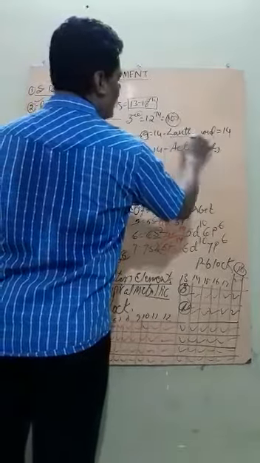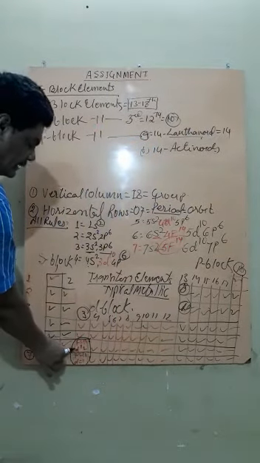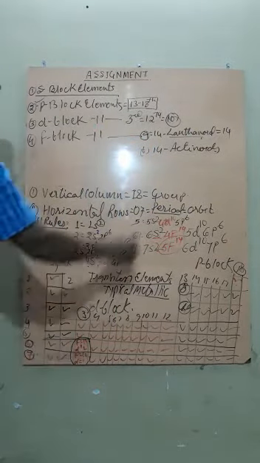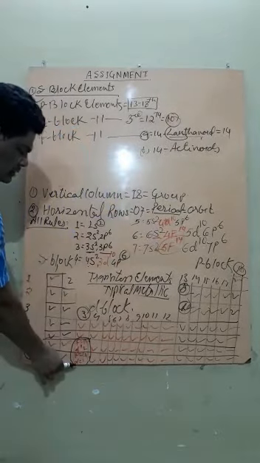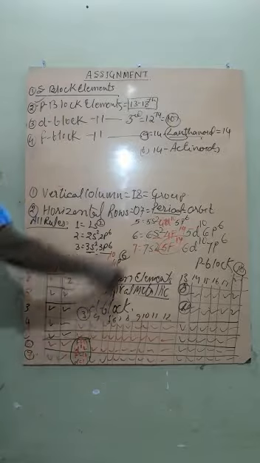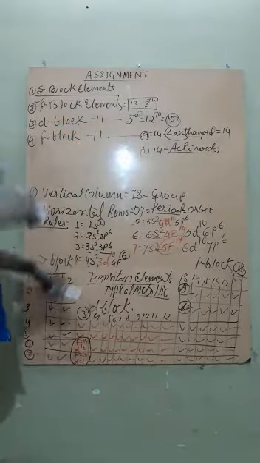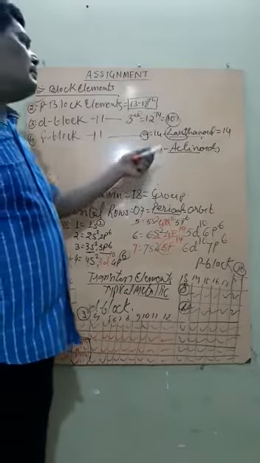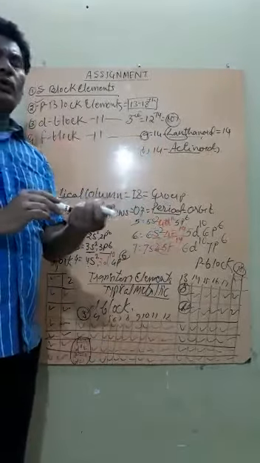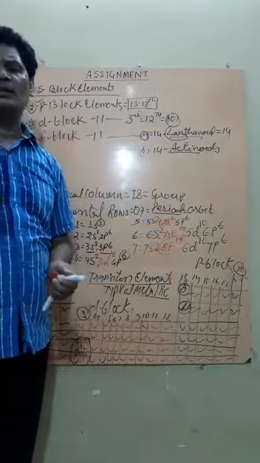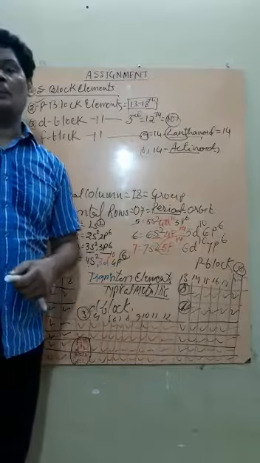The name lanthanoid is given because the first element of the F subshell is lanthanum, and in the 7th period the first element of the F subshell is actinium. So after lanthanum and actinium, they are named lanthanides and actinides. These are also white in color, lustrous, sonorous, malleable, ductile, and have typical metallic properties.